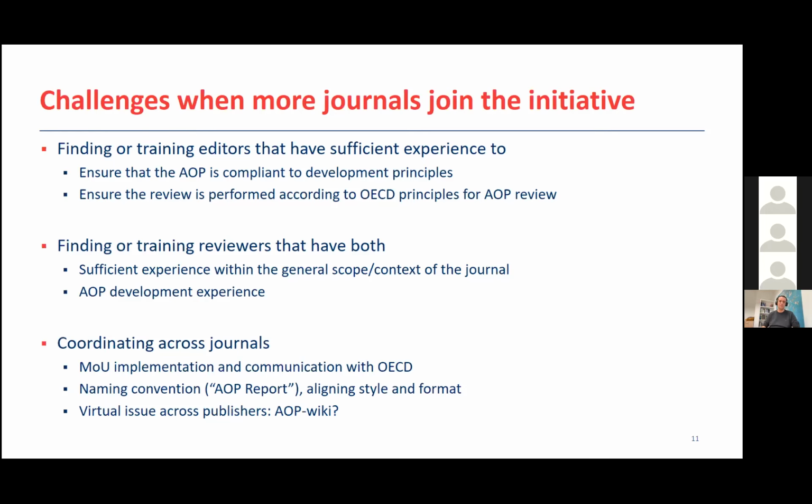So basically to keep track of all of the AOP reports that are being published. And for example, this could be something that could be captured in the context of the AOP Wiki. So these are a number of concluding thoughts that I had based on some of the initial experiences we had at EMM and ETNC. That's all I had. Thanks for listening.